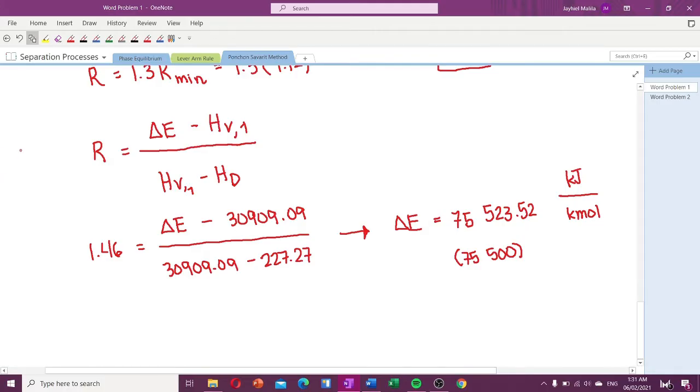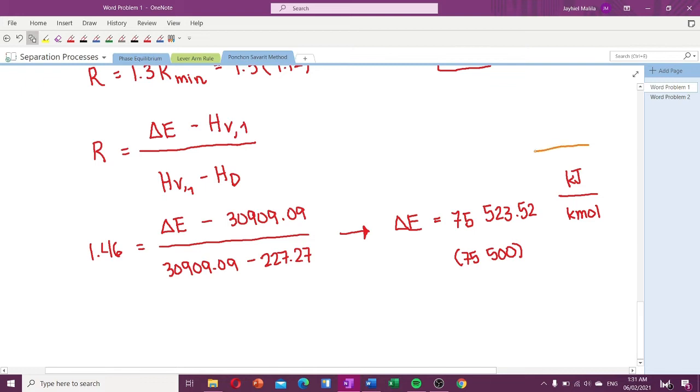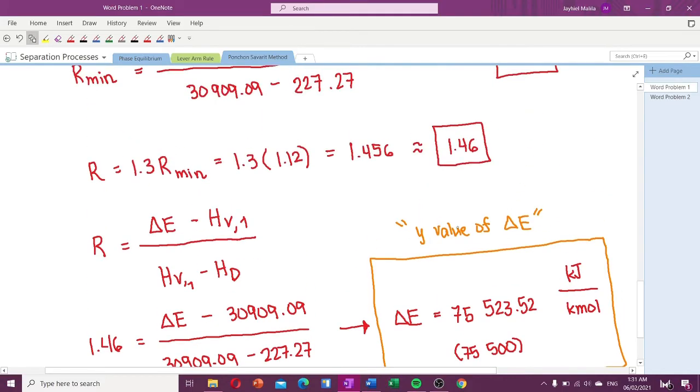So you already have the value of your delta E. Again, guys, this is the Y value of delta E, specifically the Y value of delta E. It actually has a variable here.